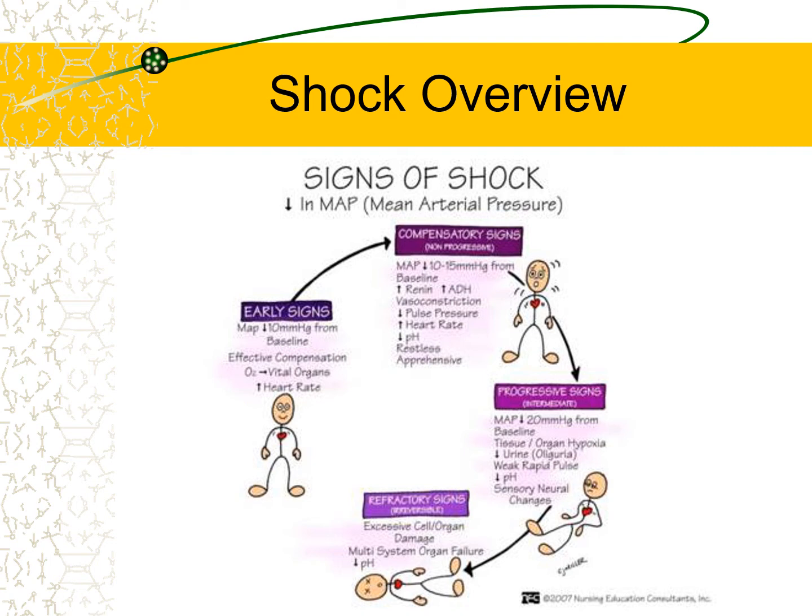Okay, so there are many different ways of breaking down these different stages of shock. But look at what occurs to the mean arterial pressure as a patient progresses through these stages of shock. Okay, we see it in the compensatory stage, we see it drop by 10 to 15 millimeters of mercury from the patient's baseline.